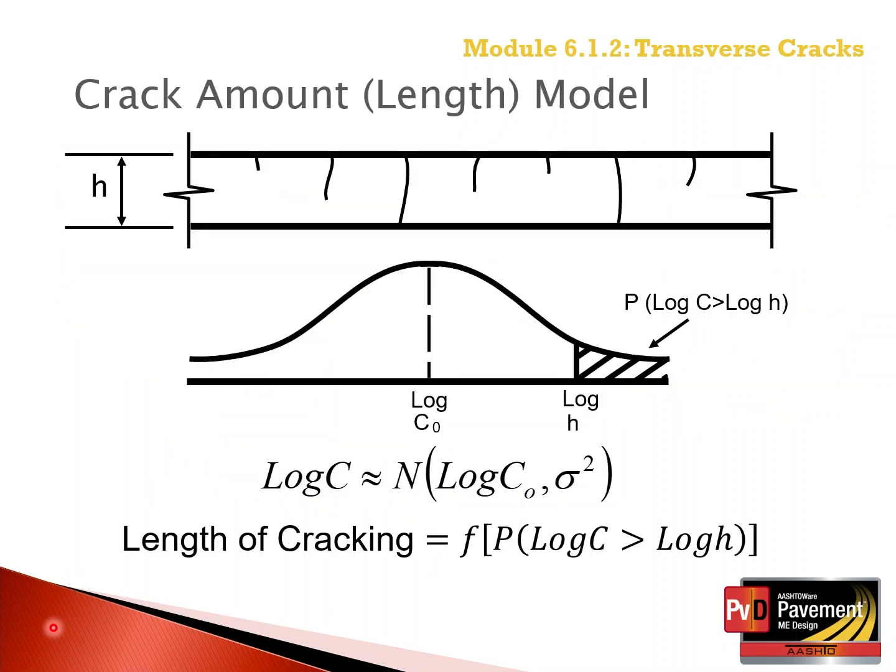The cracking length model to determine the crack spacing is the empirical part of the transverse cracking model. The calibration factor, minimizing the difference between the predicted and measured or observed length of transverse cracks, is applied to the crack length model.